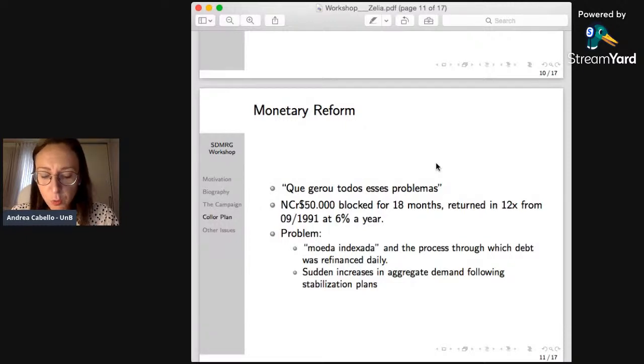There are several problems here, but the two main problems that the literature points to in the monetary reform itself: the first one was the moeda indexada issue and the process through which debt was refinanced daily.